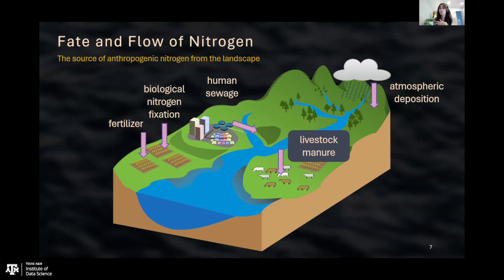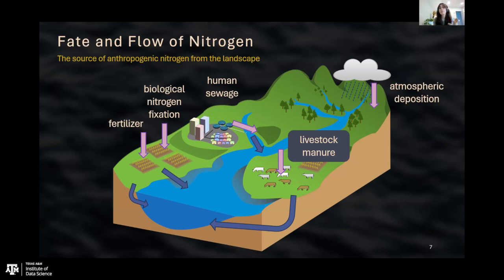These are all what we call inputs into the watershed. When we talk about pollution, it's these sources that we're most focused on. As these go into the landscape, they move through runoff, on the subsurface, or through the groundwater to pollute our rivers.